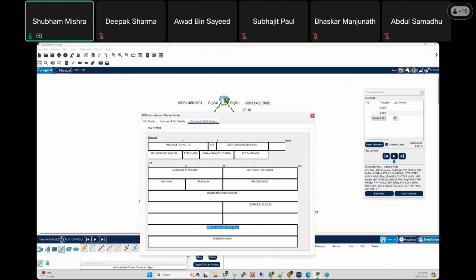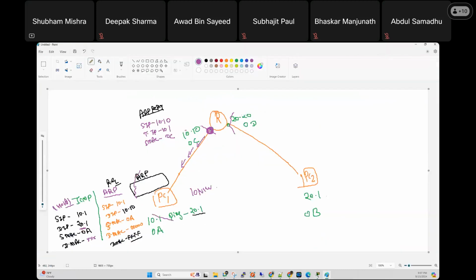B705. What is the target PC1 MAC? B705. It means this is the PC1 MAC address. So this is the ARP reply and the router is sending this ARP reply towards PC number 1.